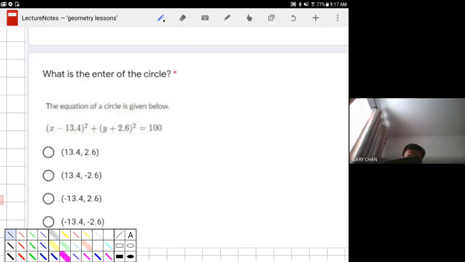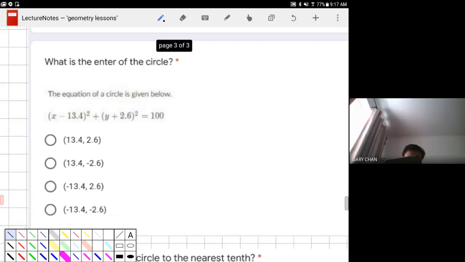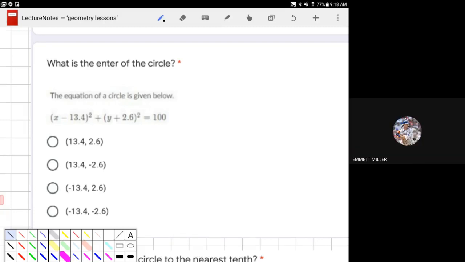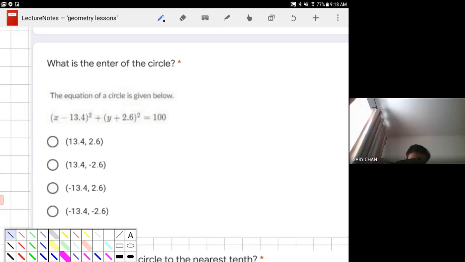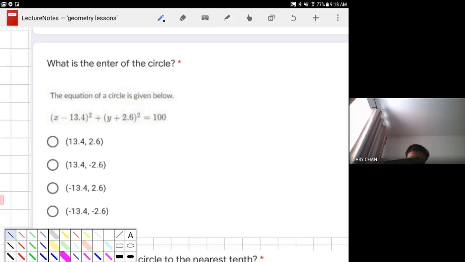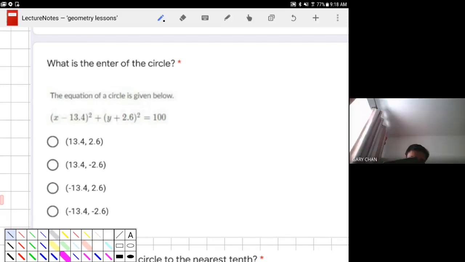All right, let's move on to the next one. Same equation, but this time I'm asking for the center of the circle. Is it positive 13.4 and positive 2.6, positive 13.4 and negative 2.6, or negative 13.4 and positive 2.6? Which one of these is it? Number 2. Does everyone agree with Emmett? Wouldn't it be the opposite? I like the way that you're thinking about that.